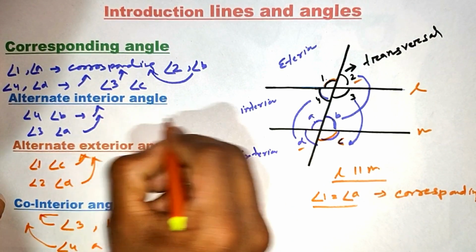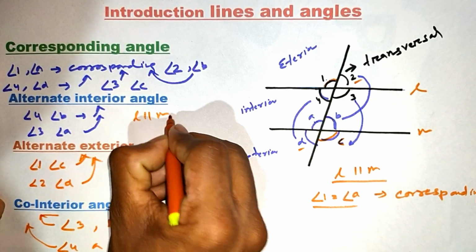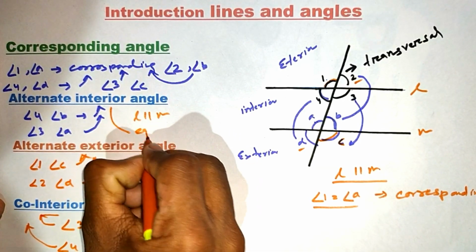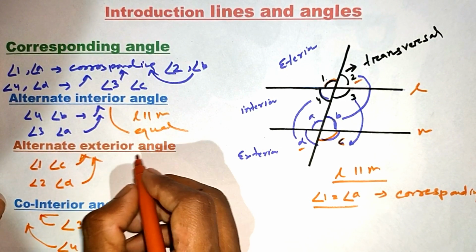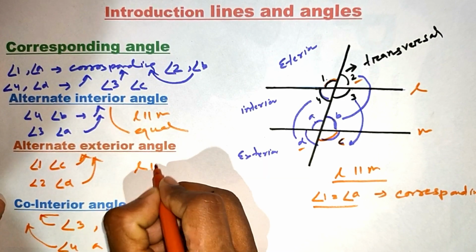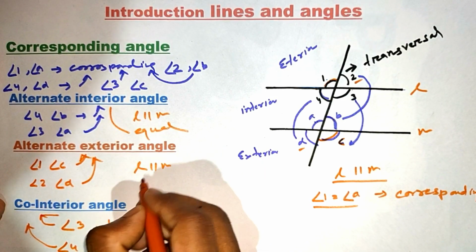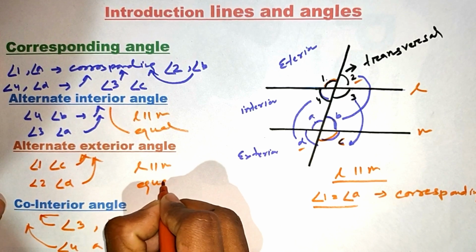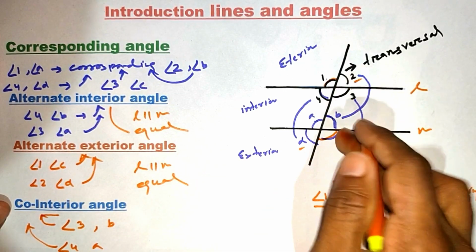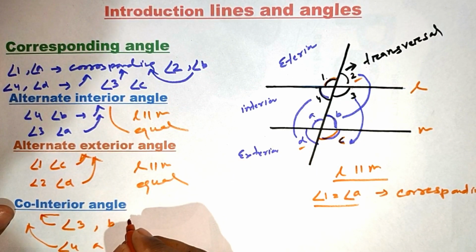Also alternate angles are equal when lines are parallel, L parallel to M. And when lines are parallel, the co-interior angles are supplementary.